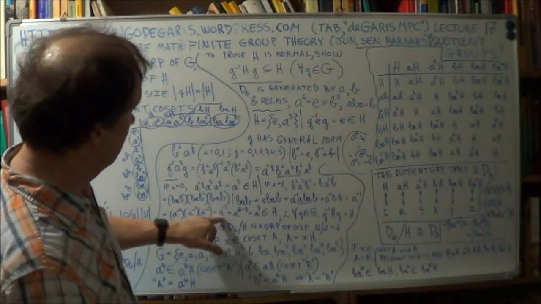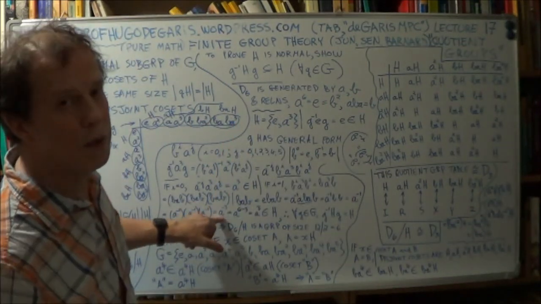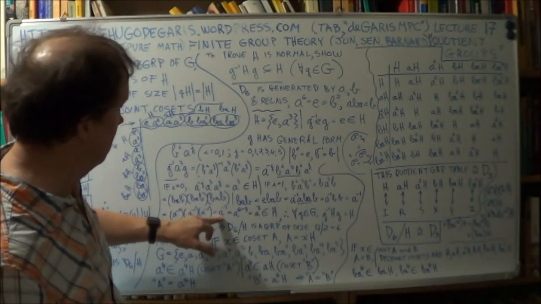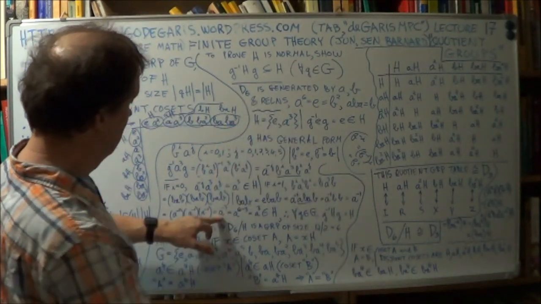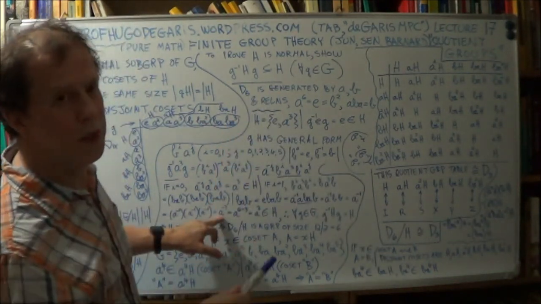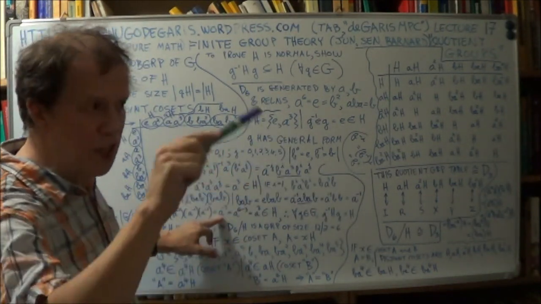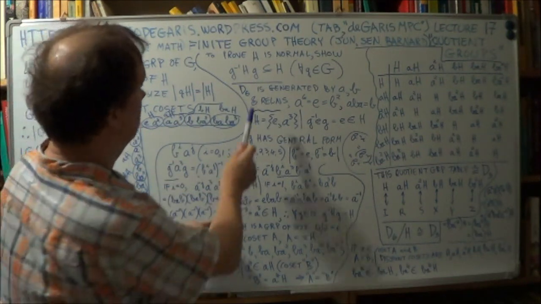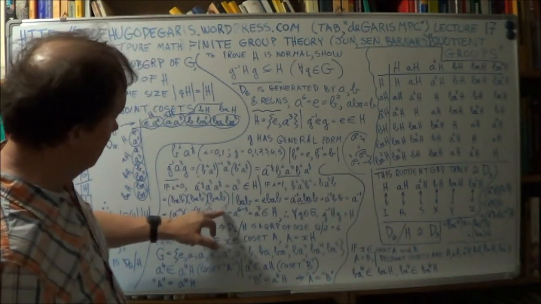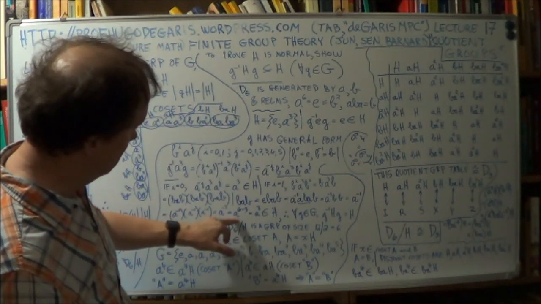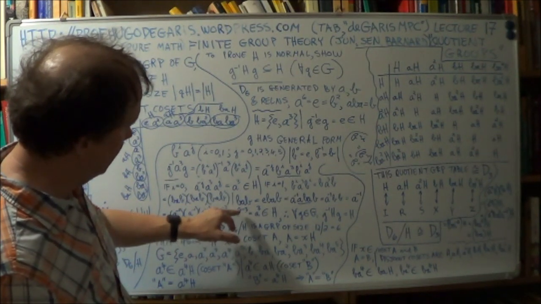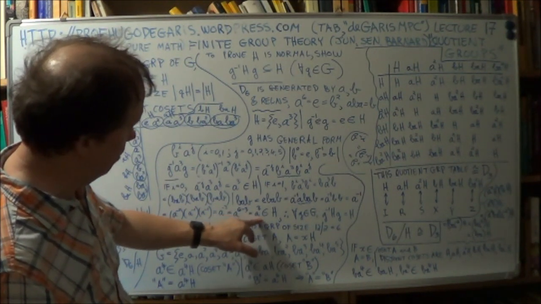Now for D6, what is a to the minus 3? Well, it's this number here. But if this were n, what's the inverse of a to the 3? It would be n minus 3. But in this case, n is 6. So a to the minus 3 is the same as a to the 6 minus 3, which is a cubed.